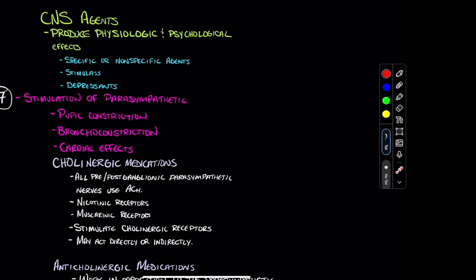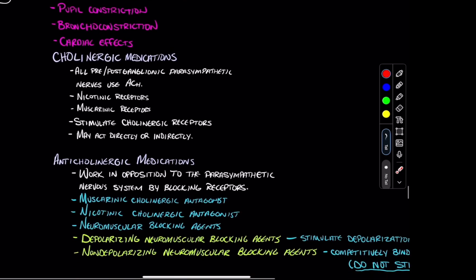They can have specific or non-specific agents, which affect a specific tissue or grouping of nerves. They can work in a stimulant or a depressant action, and sometimes certain medications will do both to different tissues.